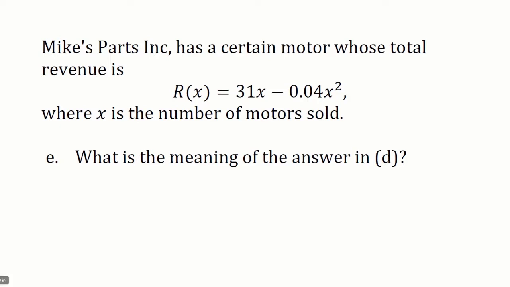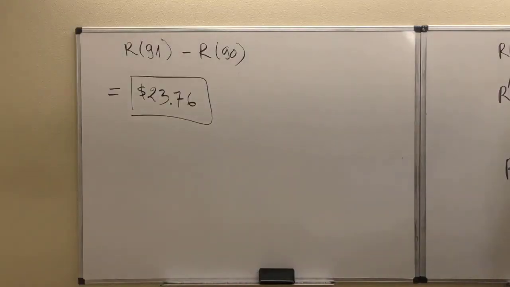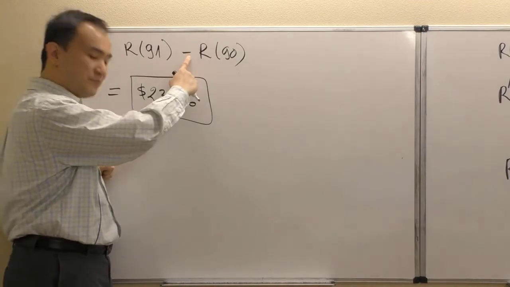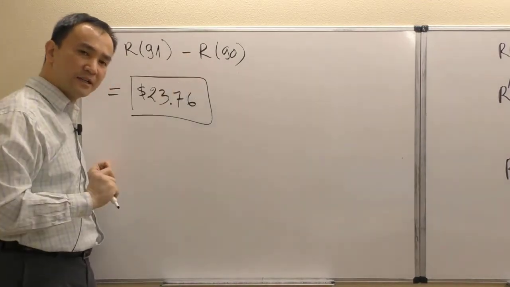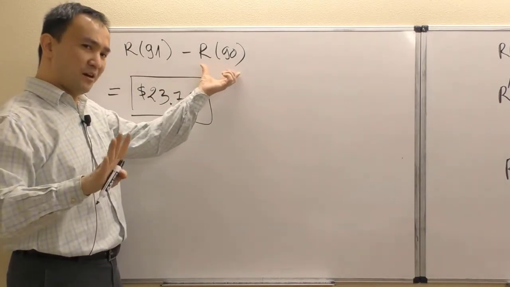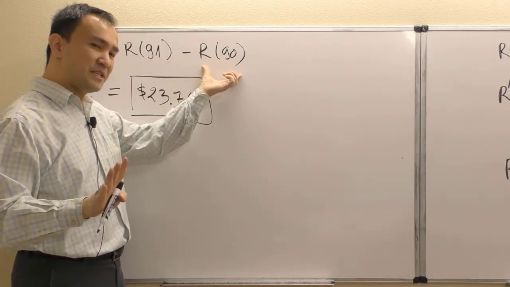Okay, so now I'm going to bring the board back. So in question D, what we had here was a difference. What we did there was finding a difference. And notice, now it's starting to make sense, it's starting to put the pieces together.